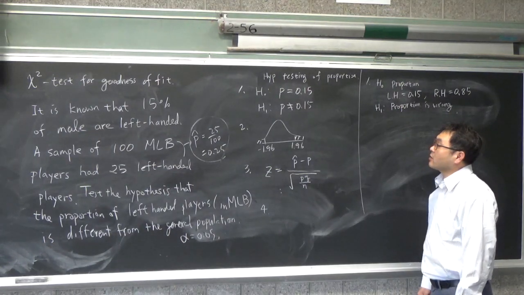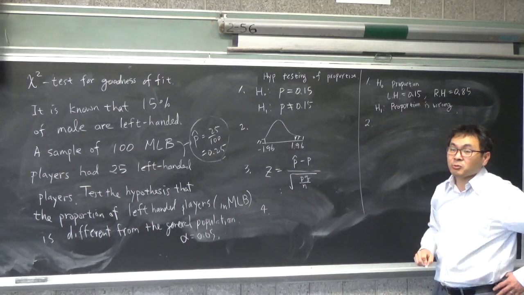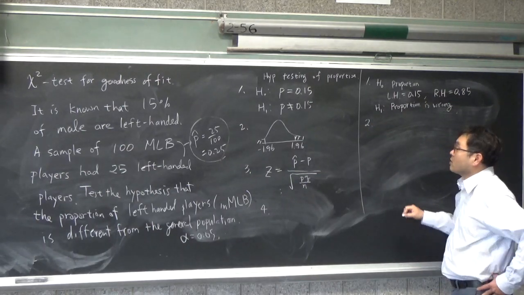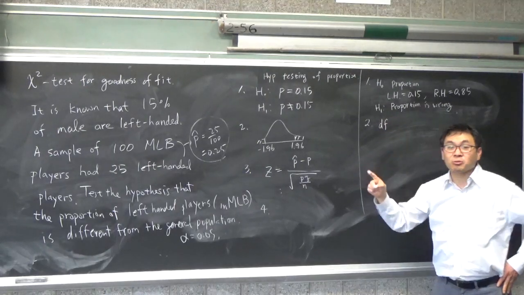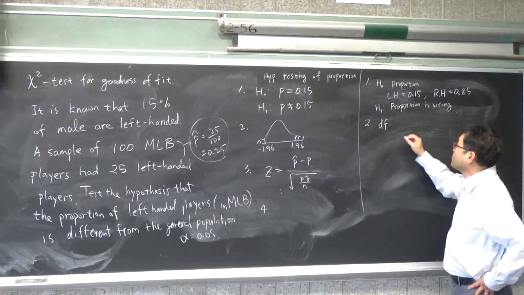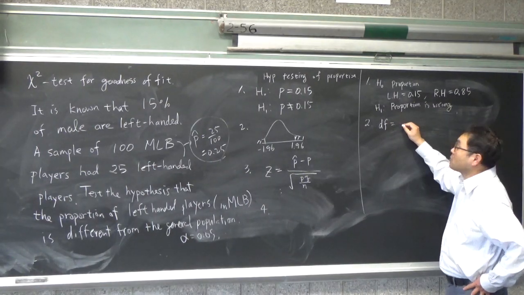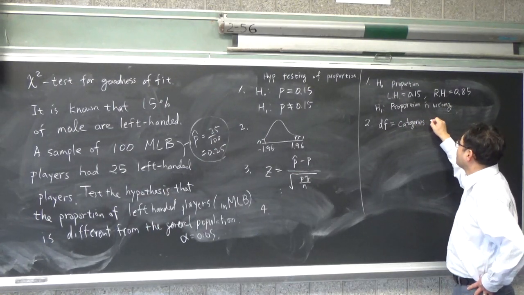In this case, number 2, when you think about the rejection region, you first have to determine the degrees of freedom, because we have to use the chi-square distribution. Degrees of freedom for goodness of fit is always the number of categories minus 1.